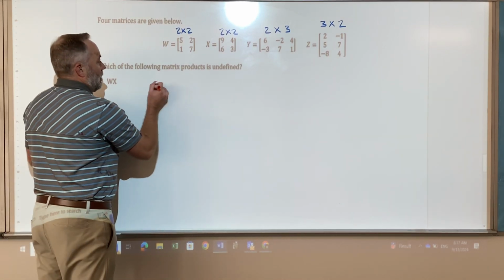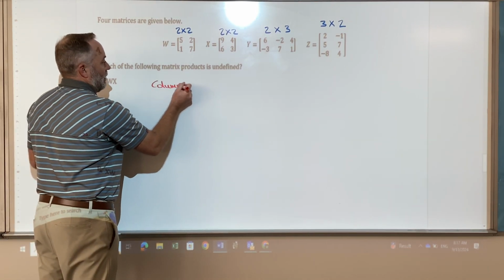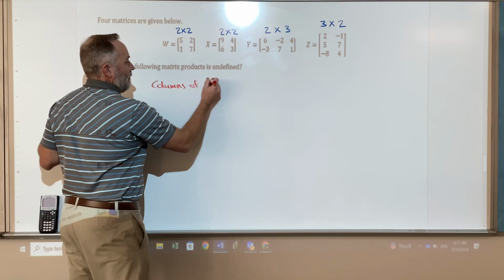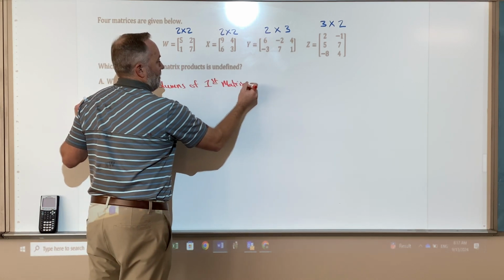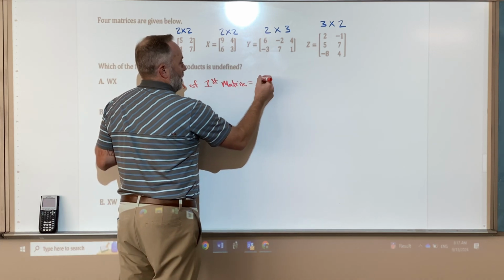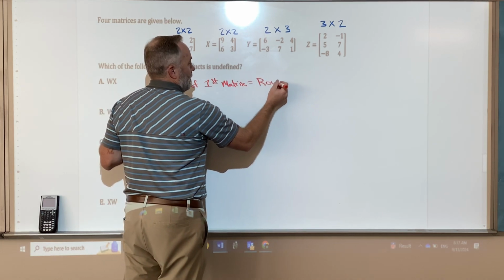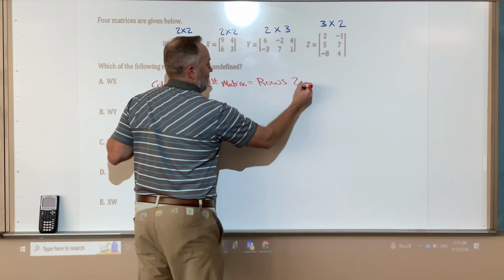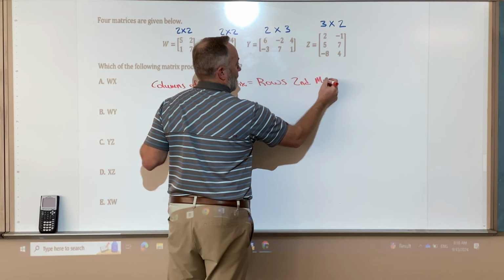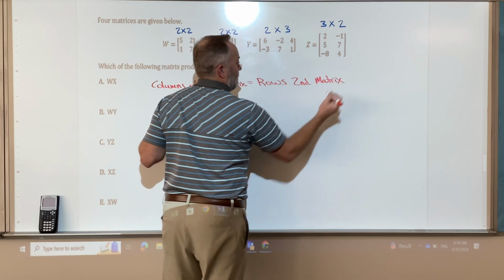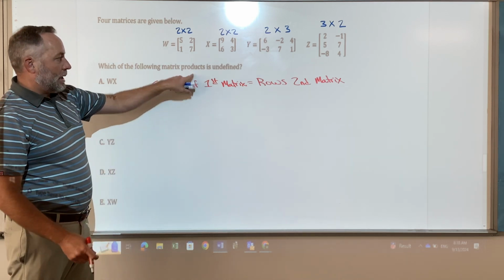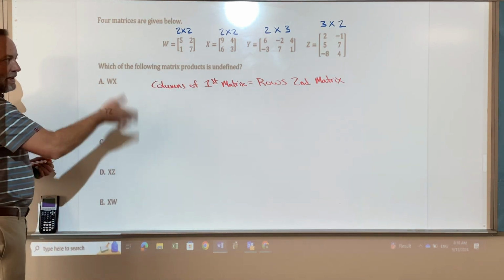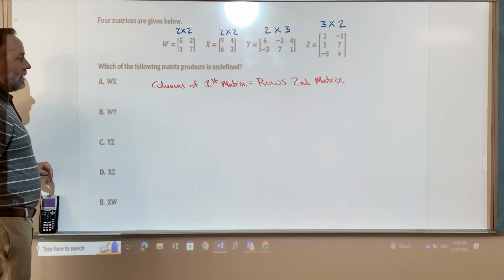So columns of first matrix must equal the rows of the second matrix. As long as that's true, we can do the multiplication, we can find a product, but we're not even asked to find that product. We just want to know which ones can we do.